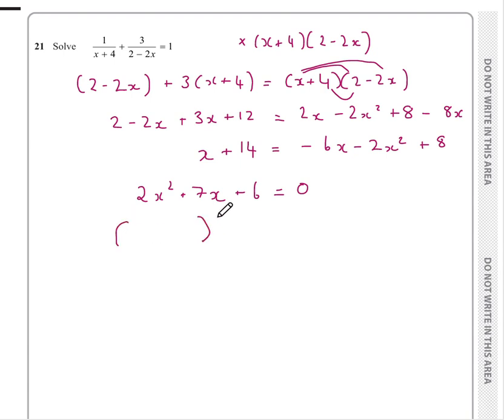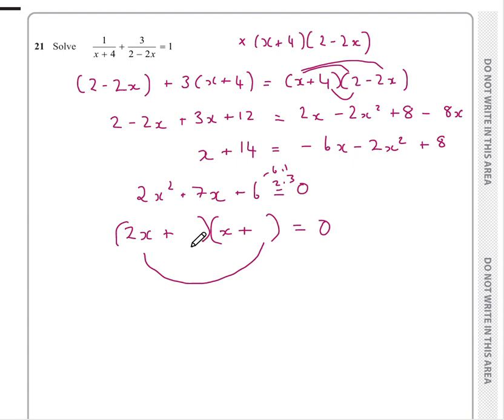So, two brackets. These are both plus, so I know at the beginning of one I've got 2x. At the beginning of the other bracket, it's going to be x, and they're both going to be plus. My factors of 6, I've got 6 and 1, or 2 and 3. I want to make 7x.